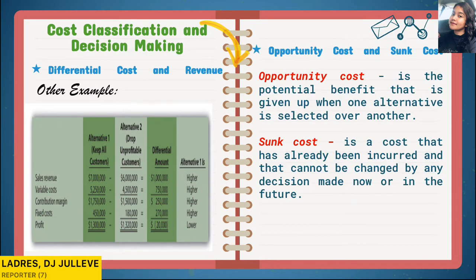When we say opportunity cost, it is the potential benefit that is given up when one alternative is selected over another. So the idea of opportunity cost is a major concept in economics. Why? Because opportunity cost represents the potential benefits an individual, investor, or business misses out on when choosing one alternative over another.